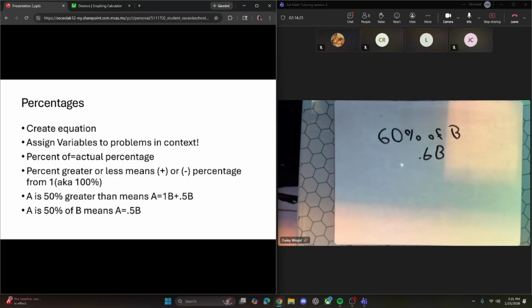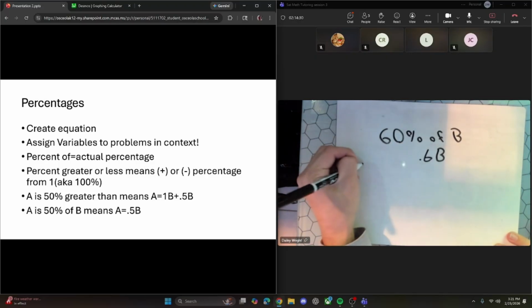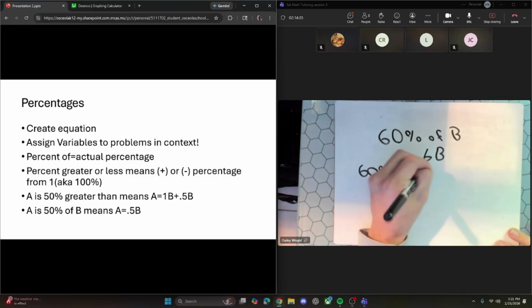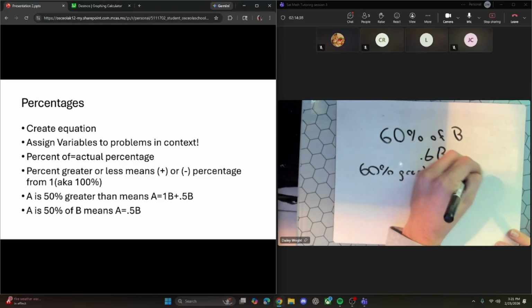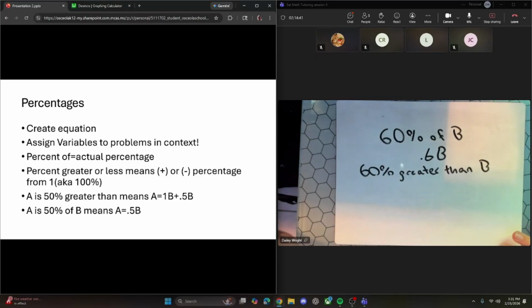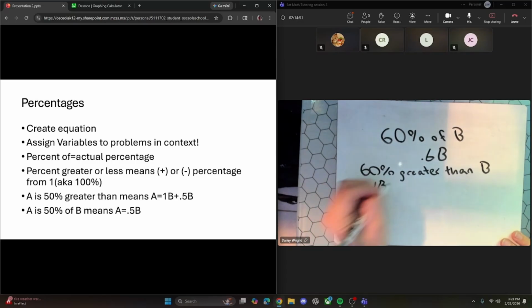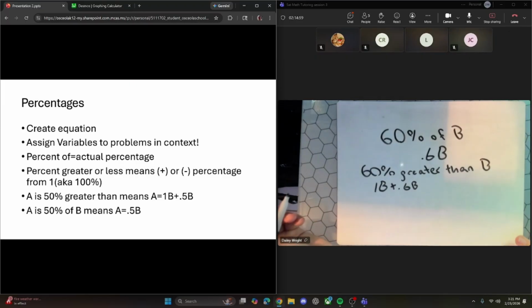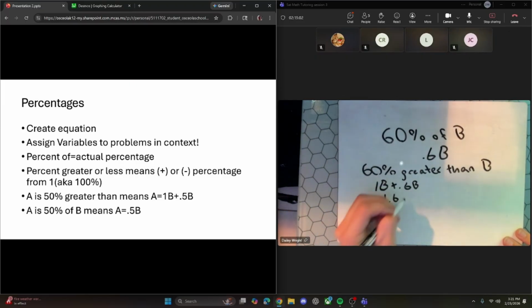Your percent greater or less than means plus or minus the percentage from 1. So if I had 60% greater than B, it's 100%, or 1, so it'd be 1B plus 0.6B, which would give you 1.6B.